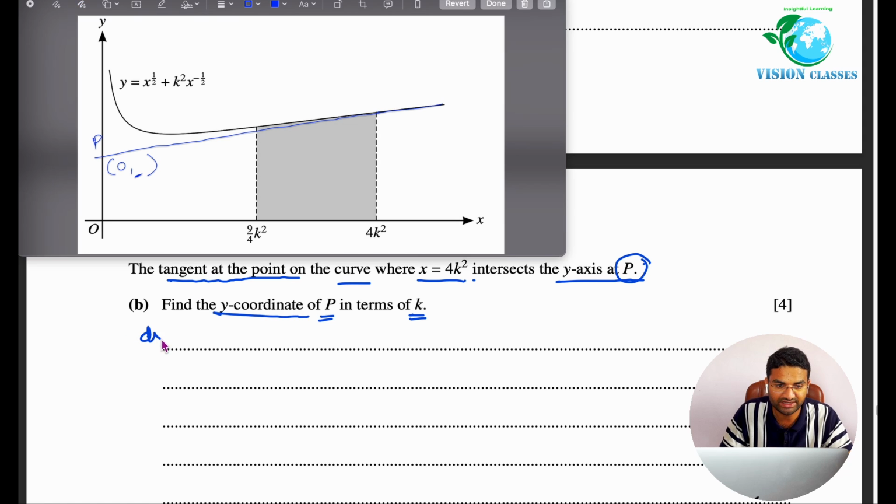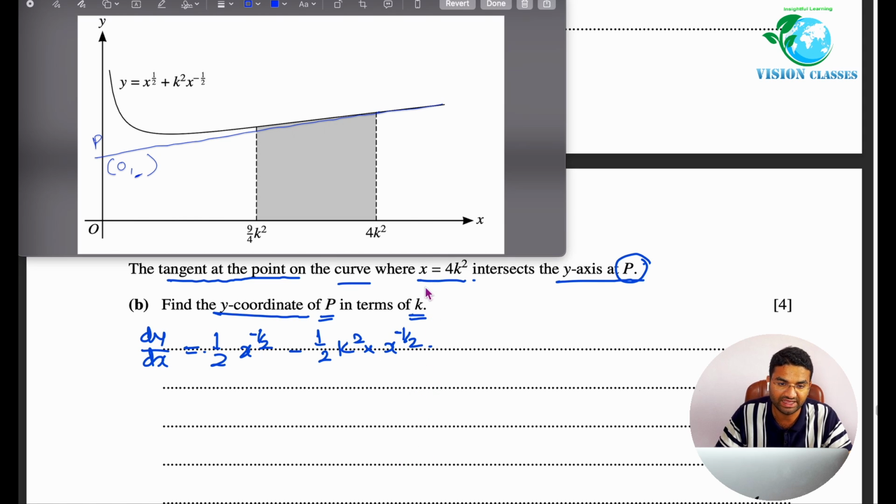So dy by dx we got is equal to 1 upon 2 x raised to negative 1 by 2 minus 1 upon 2 k square times x raised to negative 3 by 2.